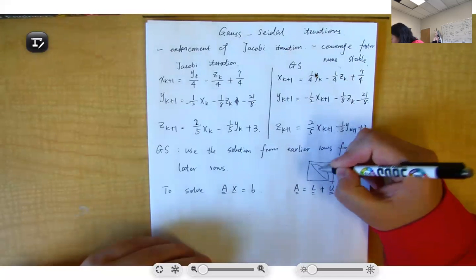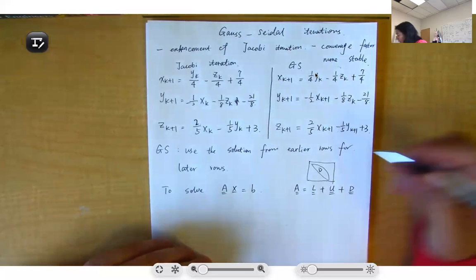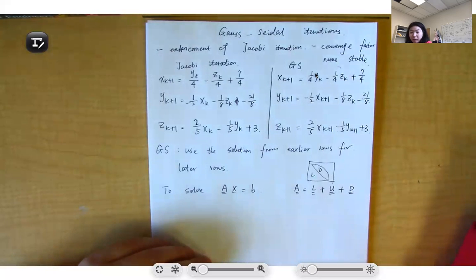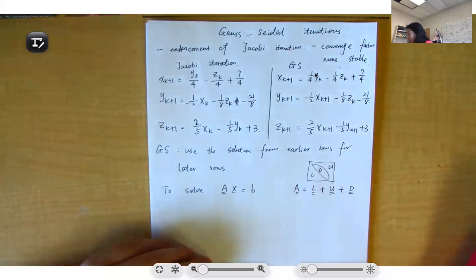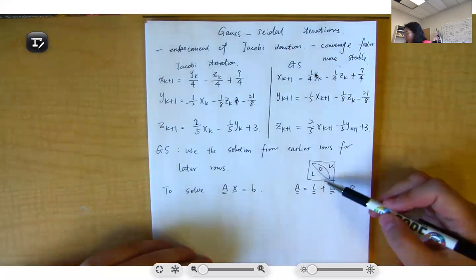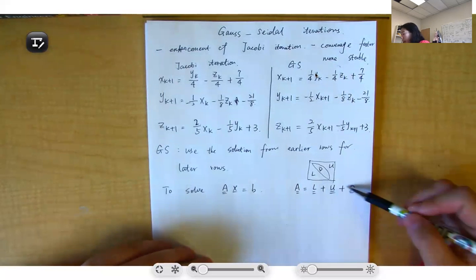Here is your diagonal element, here is your lower triangular element, and here is the upper triangular element. So the A matrix can be a sum of all these three parts.